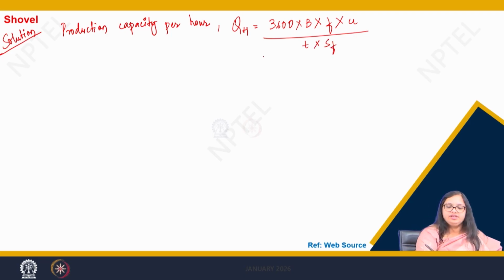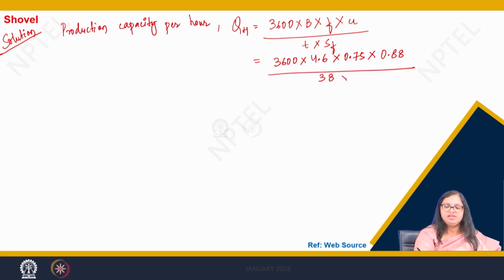So, how do we find it? It is equal to 3600 multiplied with B, which is given as 4.6 cubic meter, multiplied with fill factor, which is given as 0.75, and utilization factor given as 0.88, divided by 38 multiplied with SF. So, let us say SF is equal to 1.